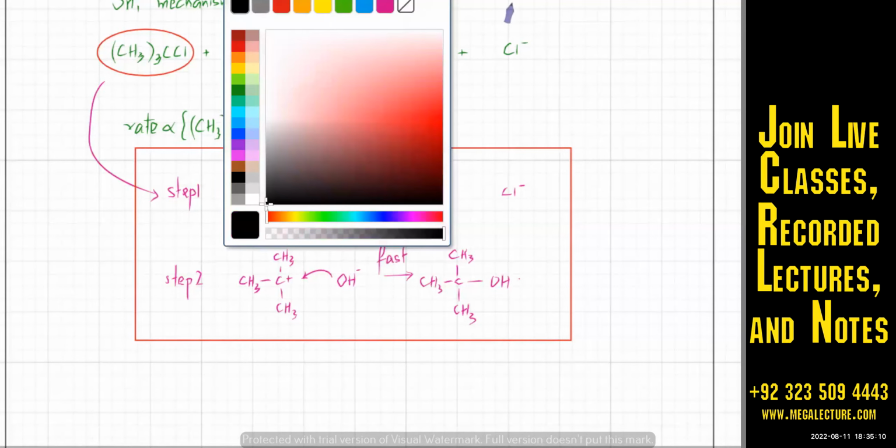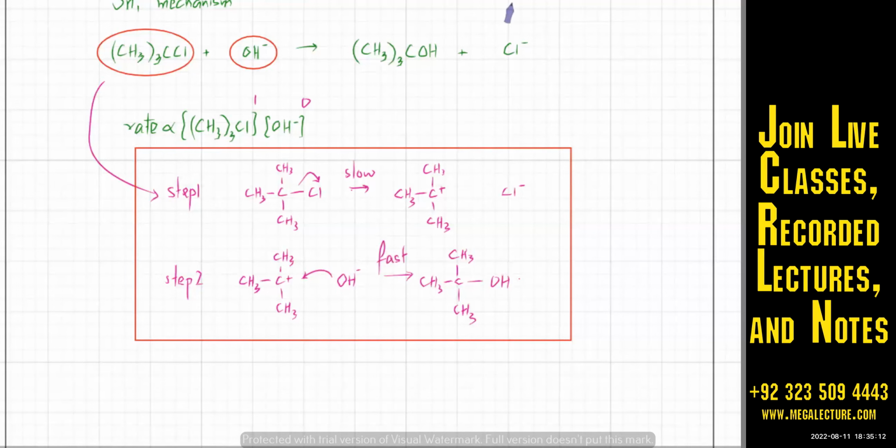As an example, the first step, the slow step, takes 100 seconds. The second step, these are just hypothetical values, is much faster. It takes 1 second. If the first step is taking 100 seconds and the second step is taking just 1 second, the rate of the reaction will not speed up if you speed up this step.